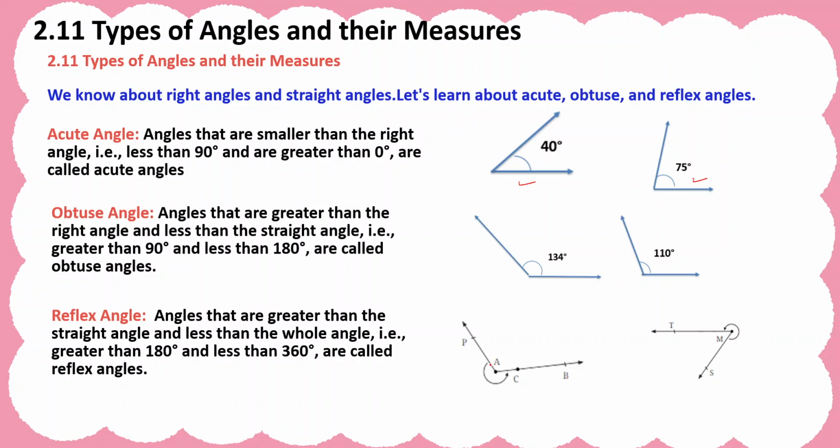In the given picture, the reflex of the angle PAB is this other side, which is greater than 180 degrees and less than 360 degrees. Similarly, another example for the reflex angle is as noted here.